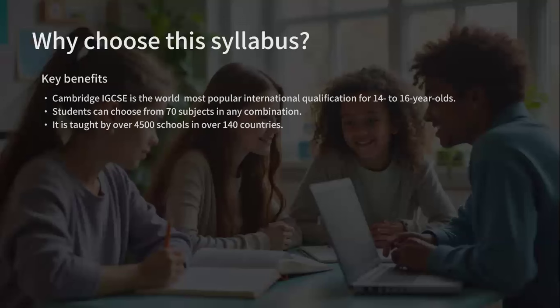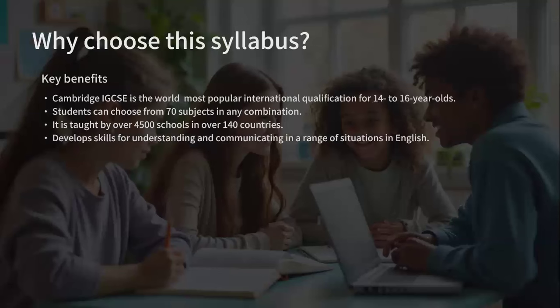It is an international recognition and it is taught in over 4,500 schools in almost 140 countries. This tells us how reliable, diverse, and globally accepted this qualification is. It helps you to develop the skills for understanding and communicating in a range of situations in the English language.